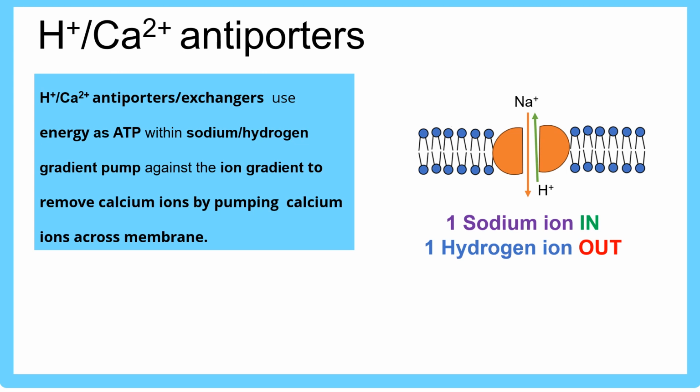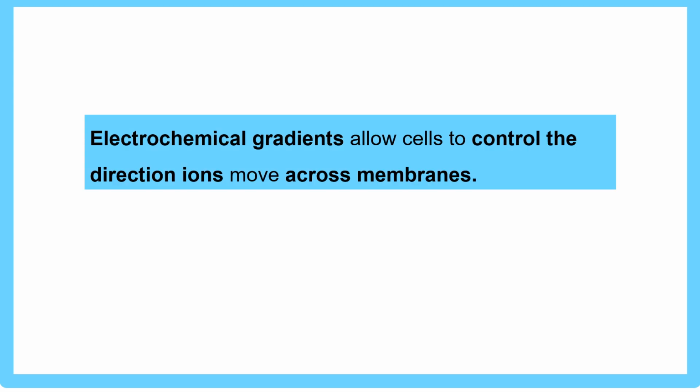So as you can see, the calcium ions are unable to move independently across the membrane. It's facilitated via these antiporters to help move the ions across the membrane. So the electrochemical gradients allow the cells to control the direction the ions move across the membrane.